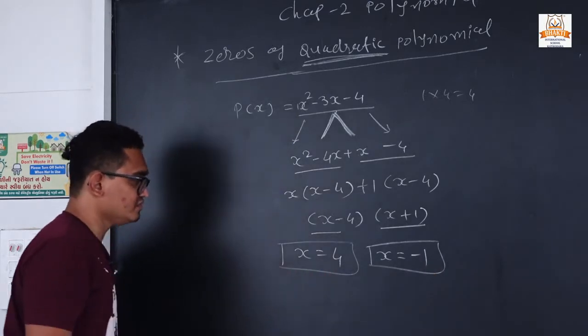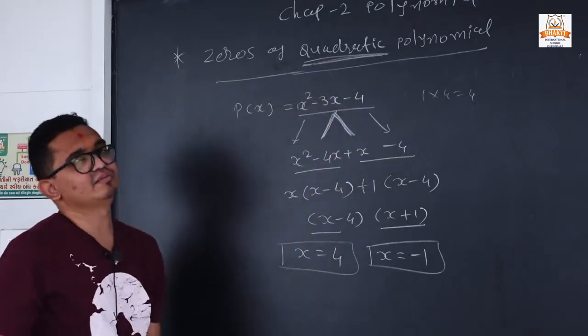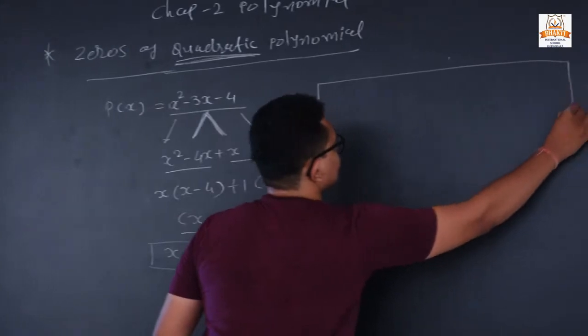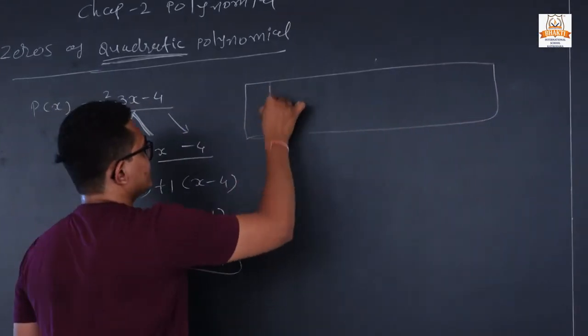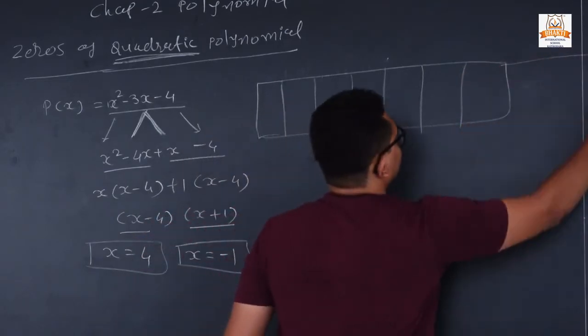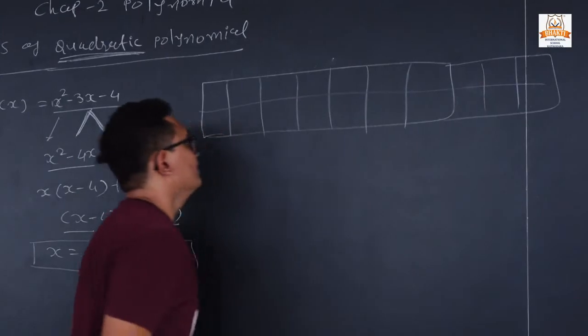Now suppose I want to draw the graph of that quadratic polynomial. First of all we make a chart, like that. We start with different values of x for our polynomial. We can take more values.